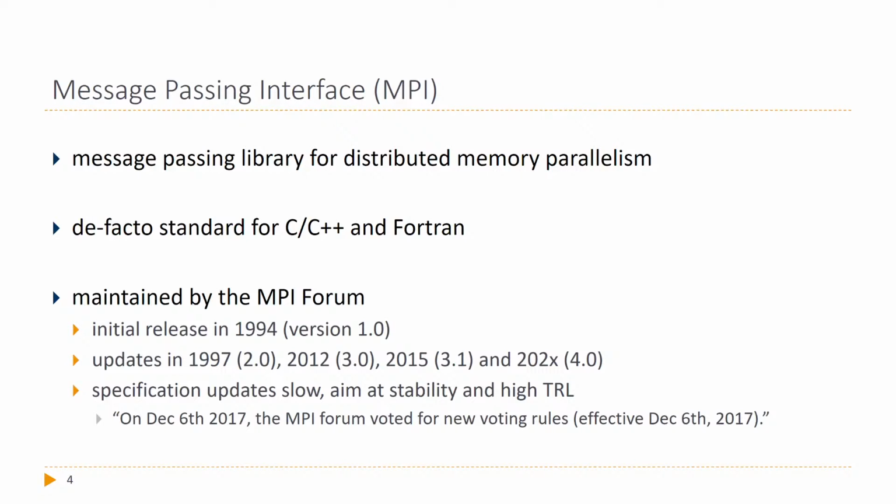And because of that, specification updates are rather slow, because people aim at high stability and at a high technological readiness level, which means they're not going to release anything that seems buggy, or at least they try as hard as possible. And to illustrate how difficult it is, on December 6th of 2017, they just voted for having new voting rules, which sort of shows how exact they are about things.